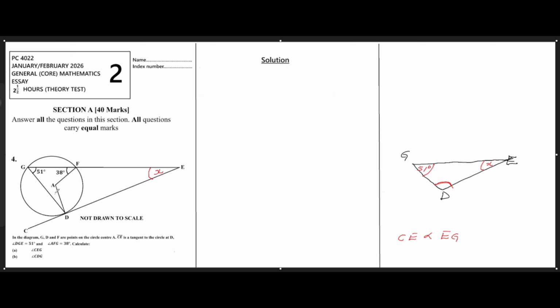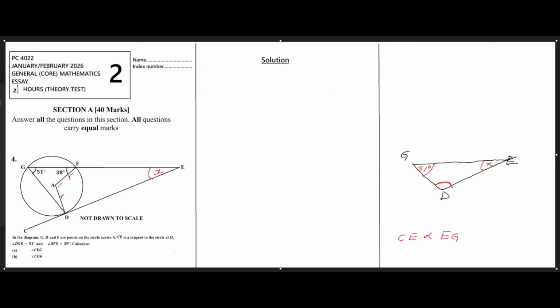That is the line that joins the center to a point on the circumference. So this line here is nothing but the radius of the circle. Line AD represents the radius of the circle. Again, line AF is also the radius of the circle.